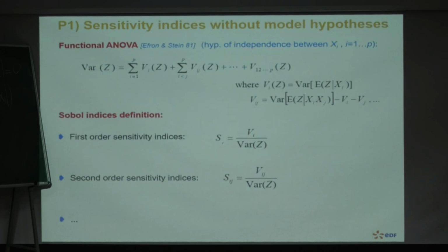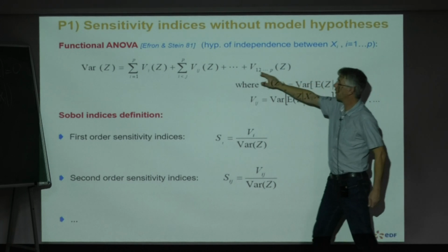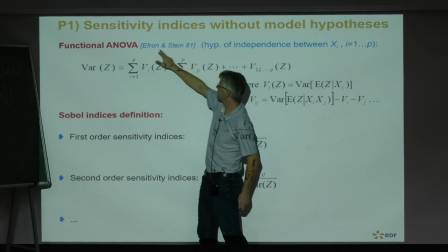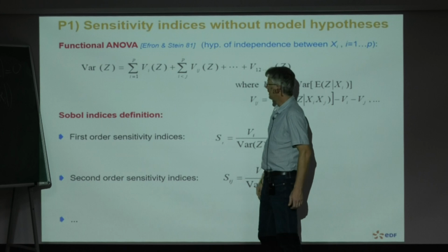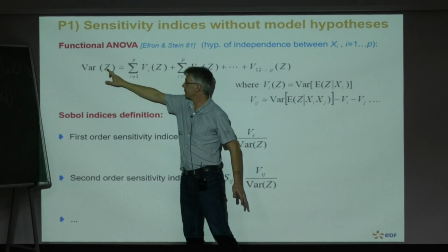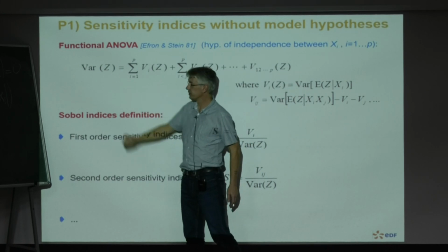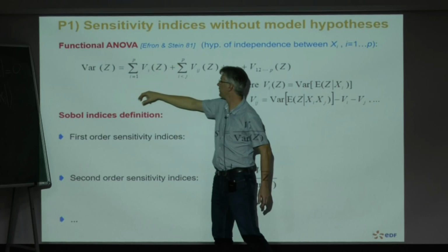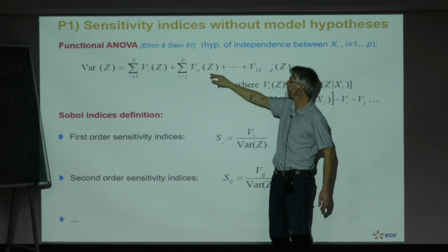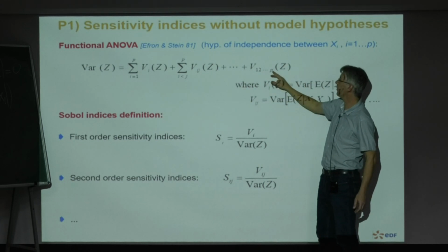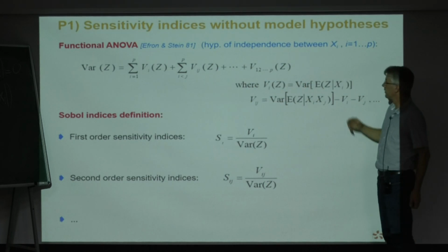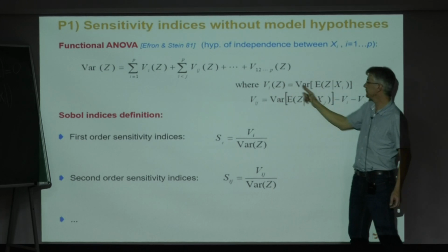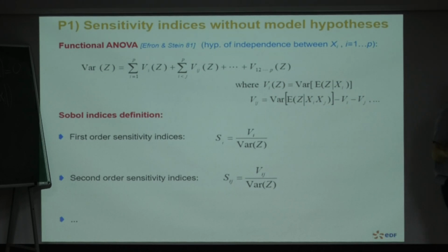This is the functional decomposition of variance. We call this functional ANOVA since Efron and Stein. It means that the variance of the output of the model is decomposed into elementary variances plus second order variances up to the P order variance, where each variance is in fact the variance of a conditional expectation.